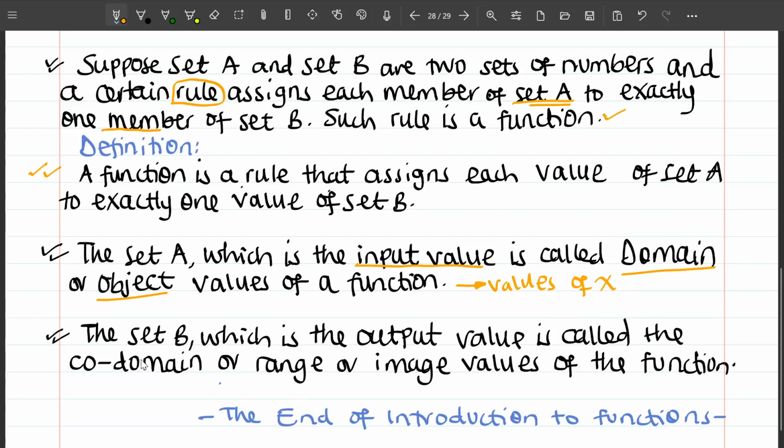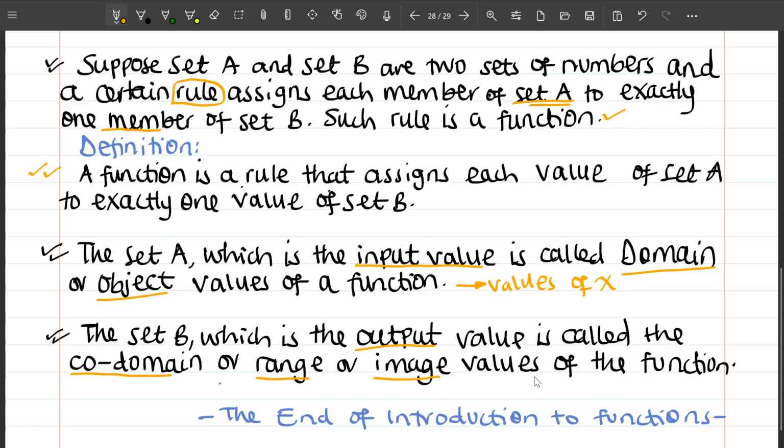Now, set B is the set of the output values, and this is what we call the codomain or the range or the image values of the function.